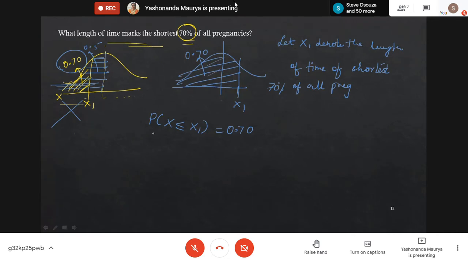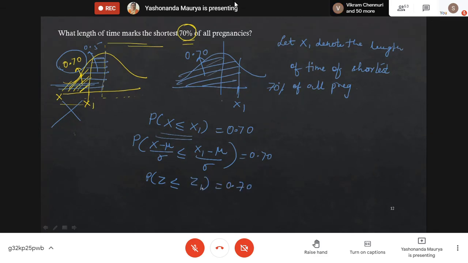If I convert it into z now, because we are not comfortable working with x. So the first thing is to convert in terms of z. So this is equal to x1 minus mu divided by sigma, 0.70. This is P of z less than or equal to, so let me call this point z1, 0.70. Okay, now when it comes to z, I know how to handle this situation.